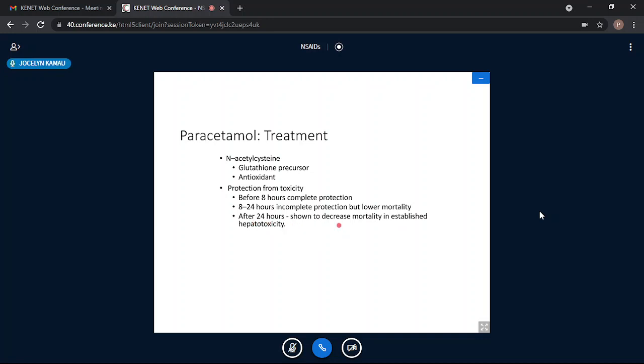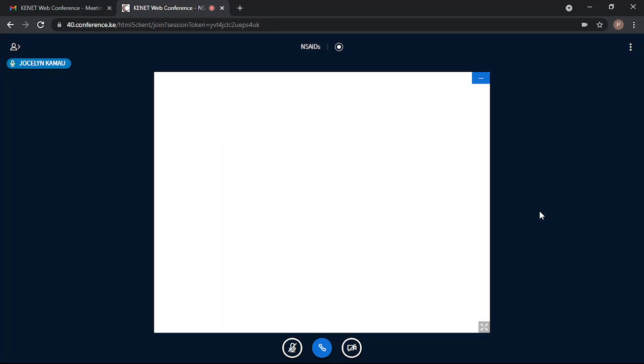After 24 hours, it has been shown to decrease mortality in established hepatotoxicity, but very slightly, because there already will be hepatotoxicity. But in case you still have some of the paracetamol not having bound the cellular tissues, it can decrease that. But preferably, it should be given before 8 hours are complete. Before 8 hours are complete, it has very good activity.